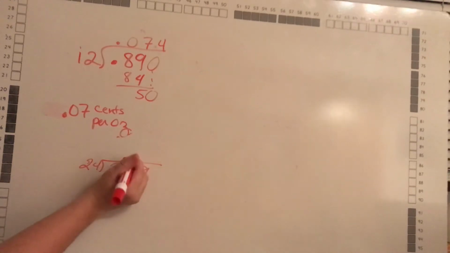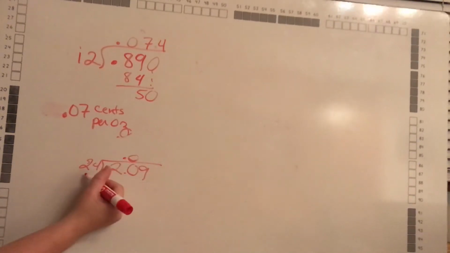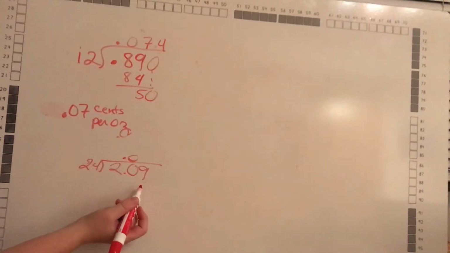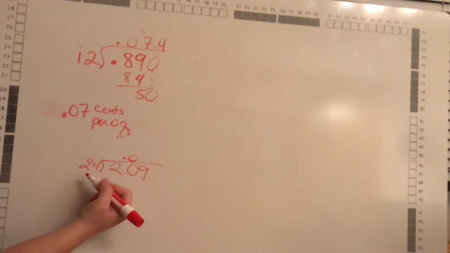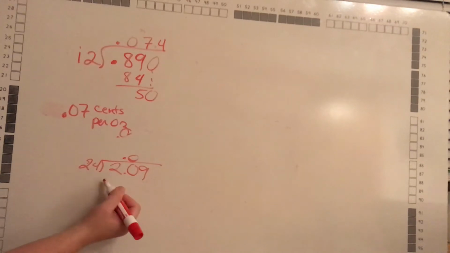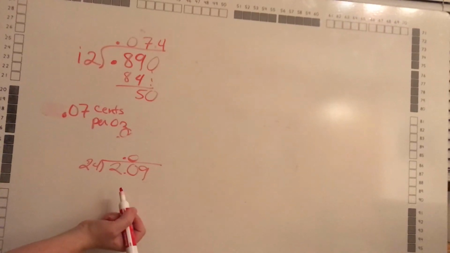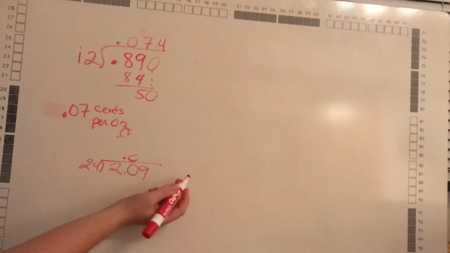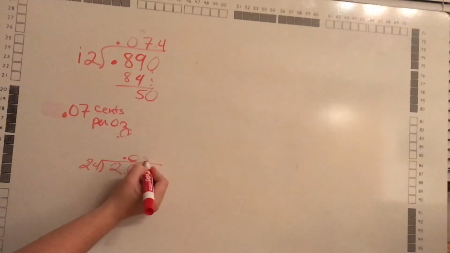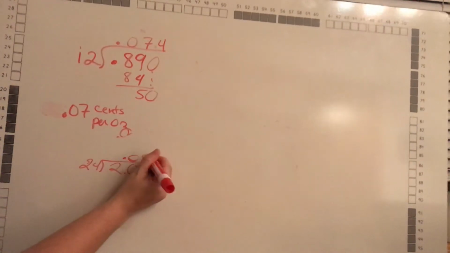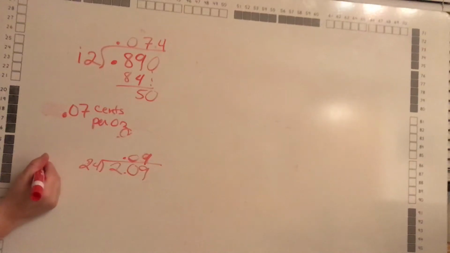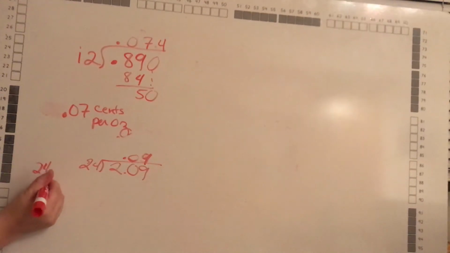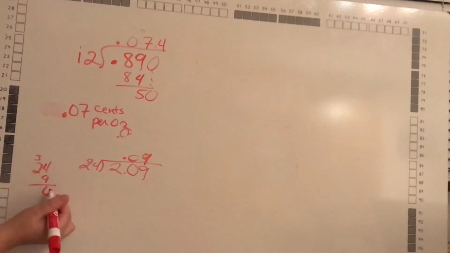Okay, 24 does not go into 20. This is going to be, let's see, we know that 25 goes into 100 4 times, so 4 and 4 is 8. That's the wrong number. So let's try 9. 9 times 4 is 36. 9 times 2 is 18.